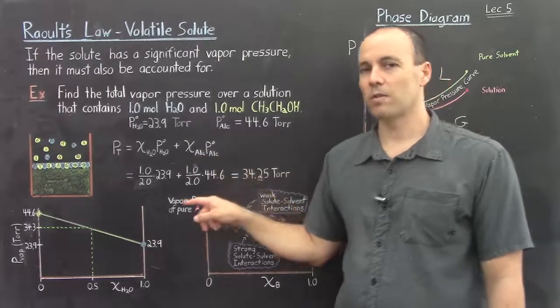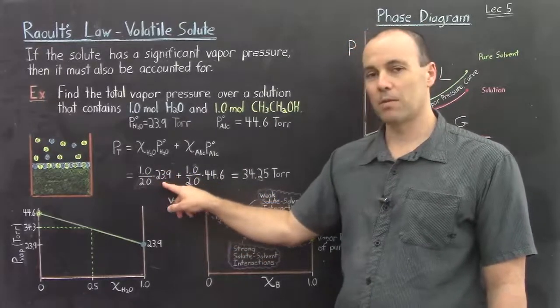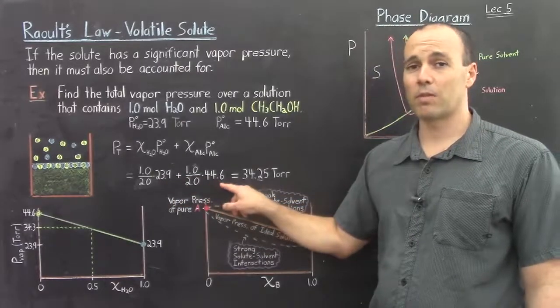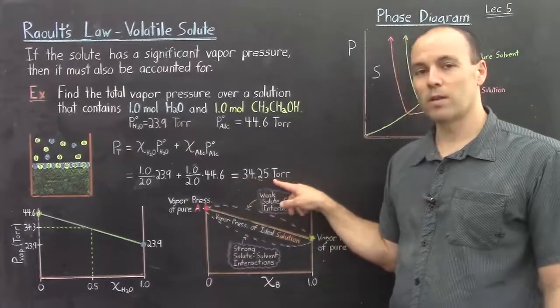Now the mole fraction for water is 1/2. So 1/2 times the pure vapor pressure of water, plus 1/2 times the vapor pressure of alcohol. And adding these two components, we get 34.25 torr.